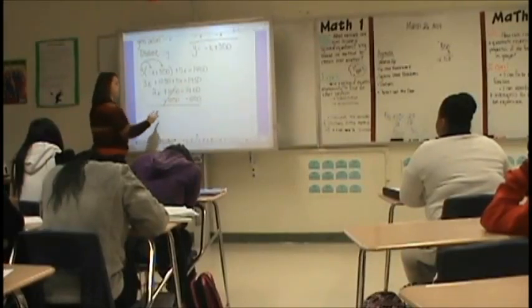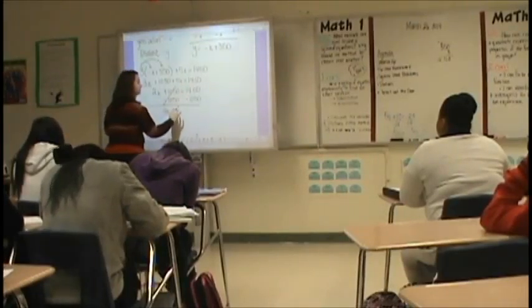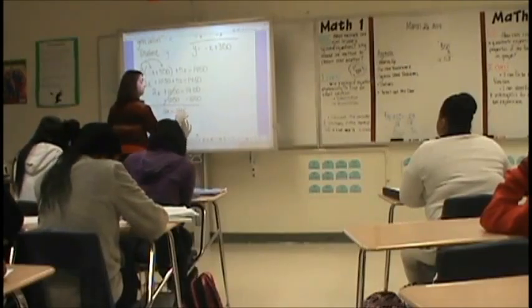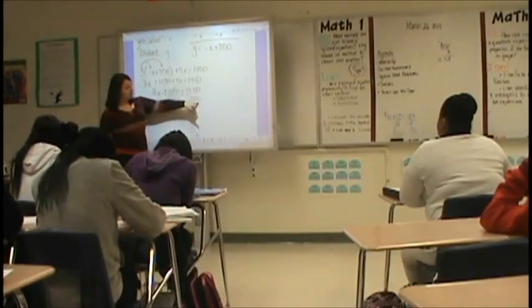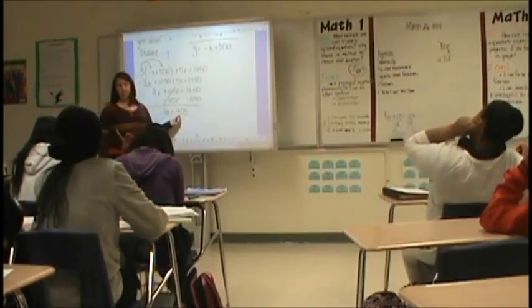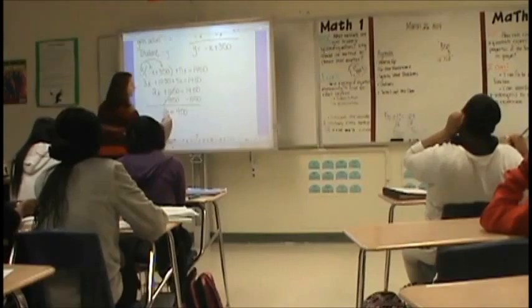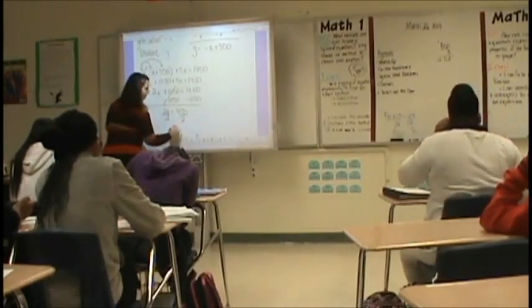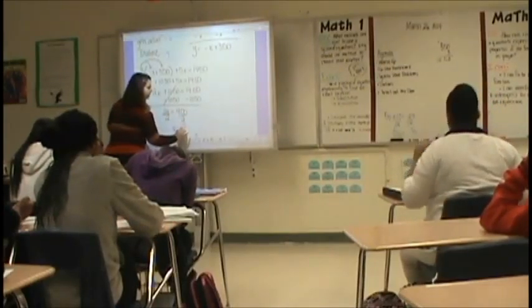What do I get? 2x equals 400, right? Now what? Divide by 2. So x equals 200.